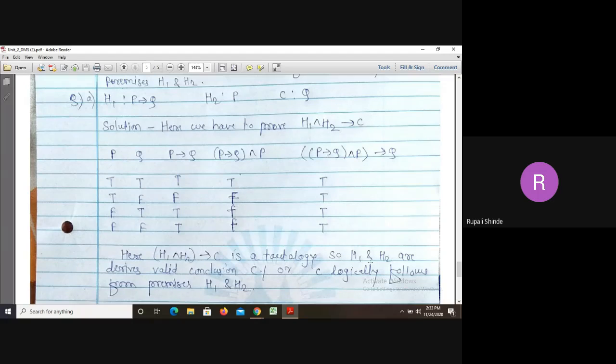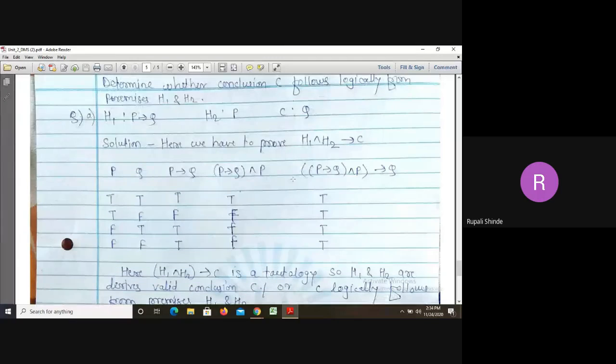So H1 and H2 derive valid conclusion C. Okay? हा लास्ट कॉलम मधले व्हॅल्यूज T आहेत, that is tautology आहे. That's why C is a valid conclusion for given premises H1 and H2. So likewise we can check. So have you understood this example?